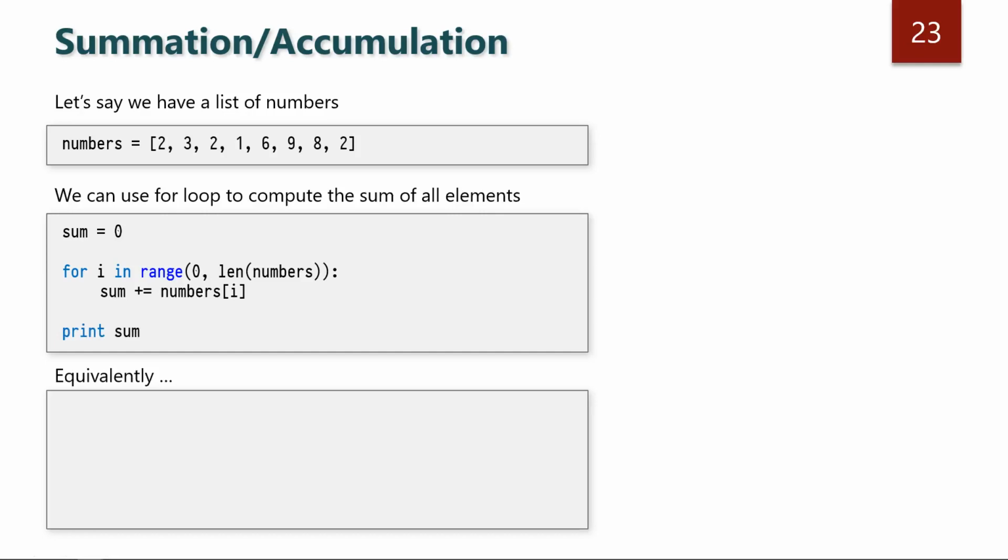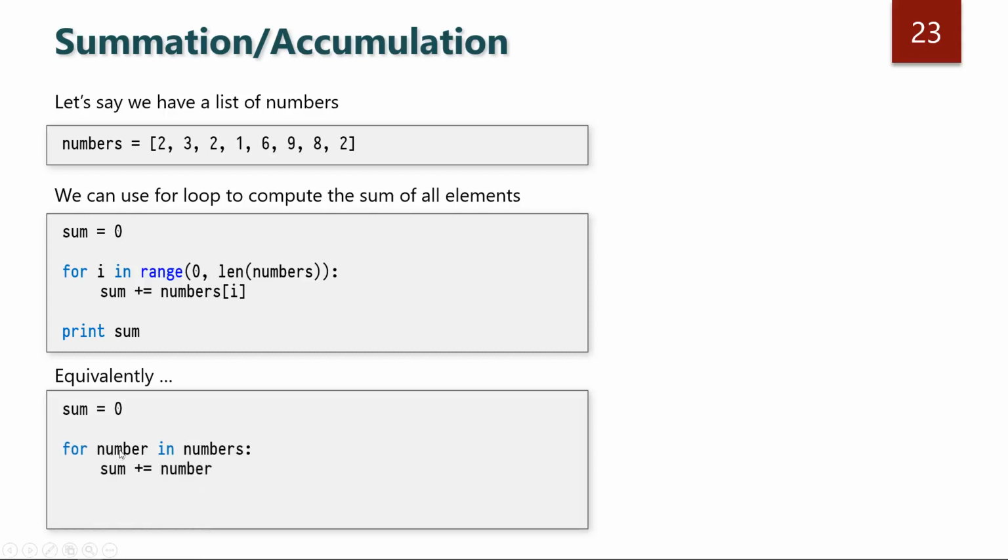Equivalently, remember, this is the version of the for loop where we use i to visit the index. We use i to retrieve each element using the index. But here we don't really care about the index. The index doesn't play any role apart from helping us retrieve elements. So we can write the for loop slightly differently. For number in numbers, we just say sum plus equal number.